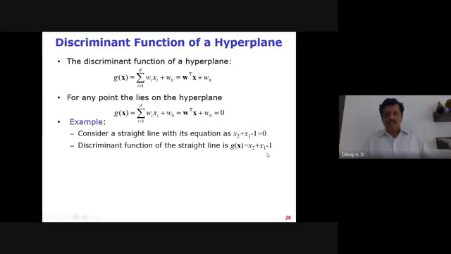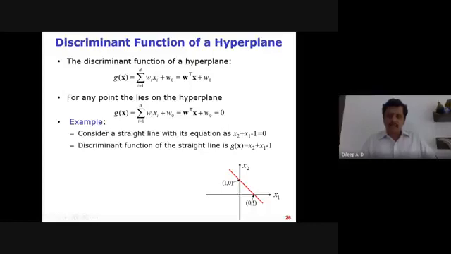This is my discriminant function. If I put it in the x and y coordinates, this is the line indicating x2 plus x1 minus 1 is equal to 0. Now, if I take the points (1, 0) and (0, 1), these are the points lying on the line.